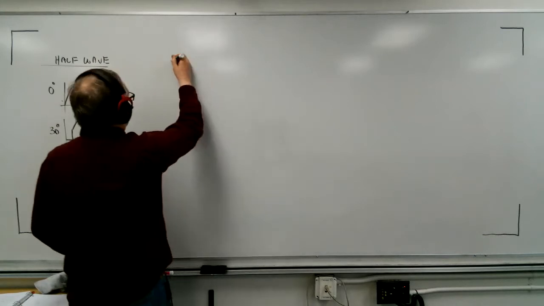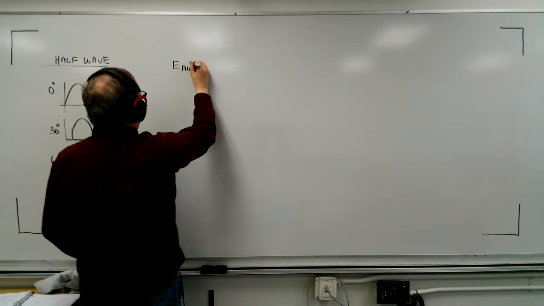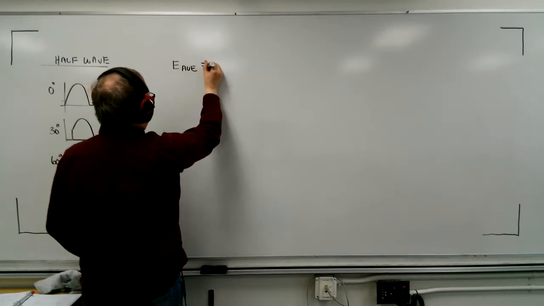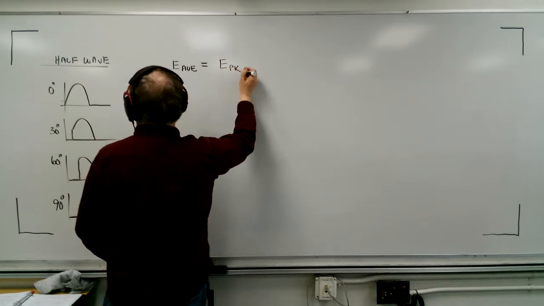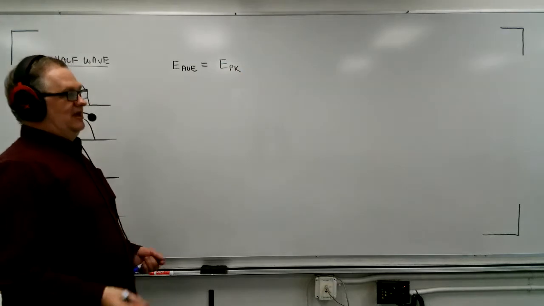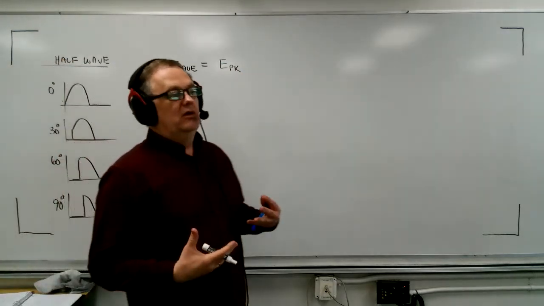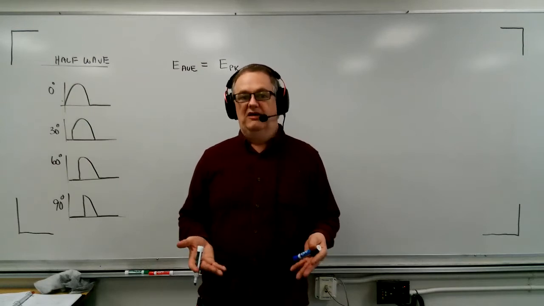Now, the load voltage is always the average voltage, right? E average is equal to, well, you need to know what the peak is. And remember, the peak will be exactly the same as if you were just supplying it from 120 volts AC onto one SCR.